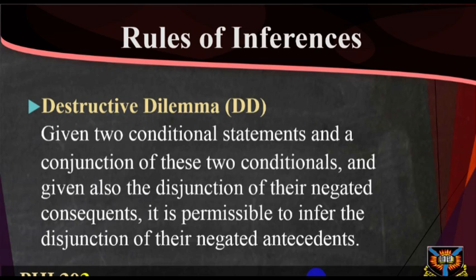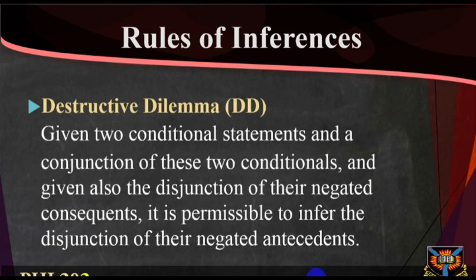Number 3. A and B. Number 4, A, then (D and E). Number 5, A. Number 6, D and E. Number 7, D. Number 2 is under simplification.